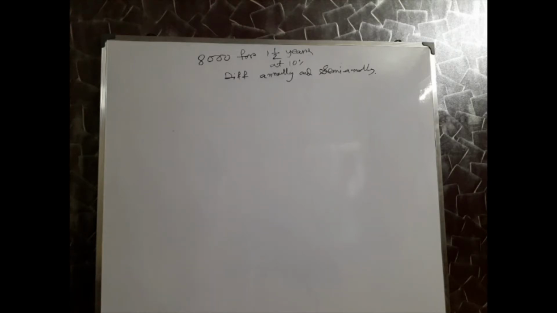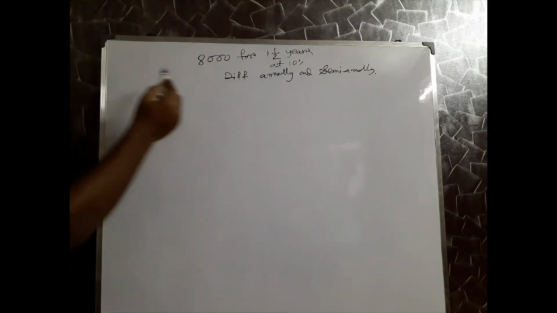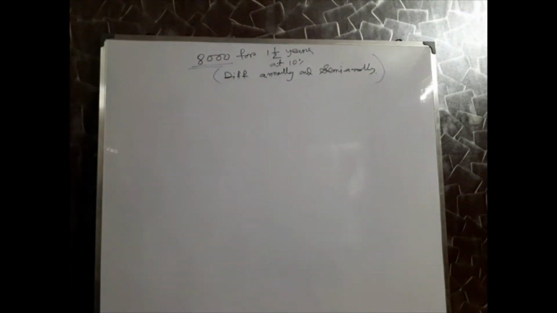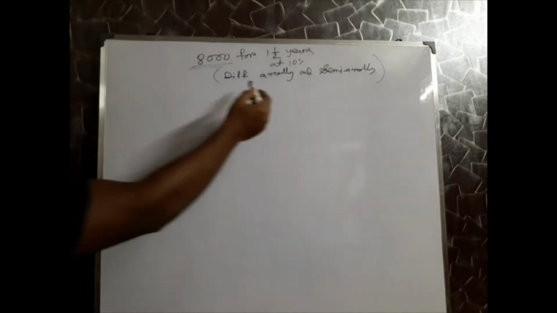If your principal amount is 8,000, you have to find out the difference of the amount when the interest is calculated annually and when it is calculated semi-annually.